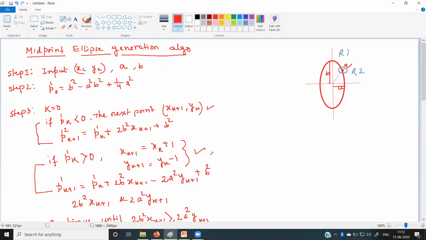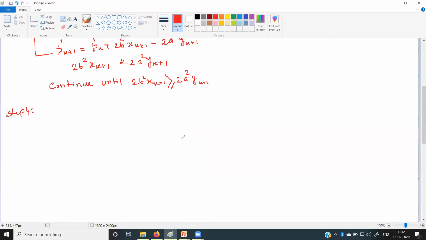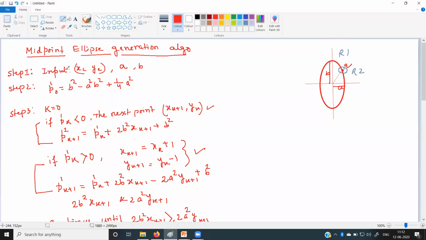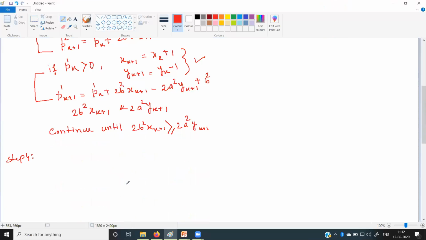Now if the center of the ellipse xc is not the origin, then after generating these points you can plot them by shifting the coordinates with respect to the center of the ellipse. It is very simple: you add xc plus this one and yc plus this one. We will assume that you have calculated those points and stored them somewhere else.